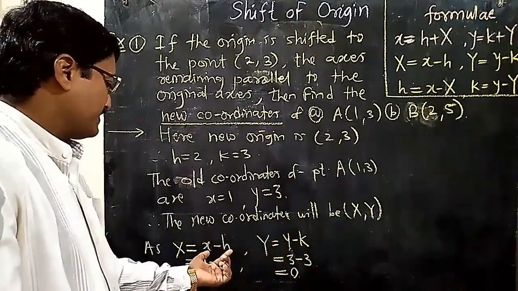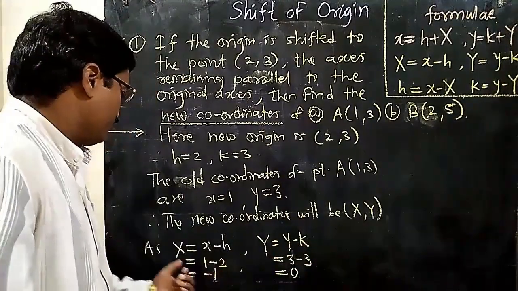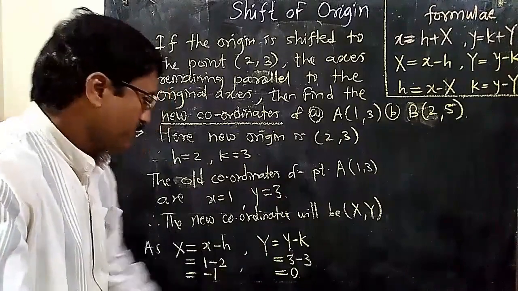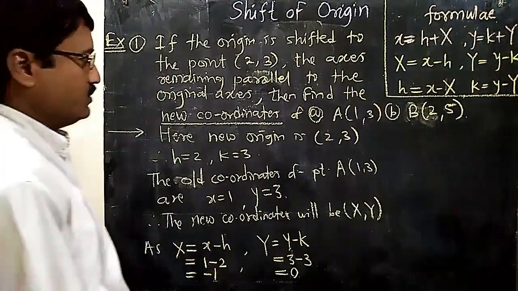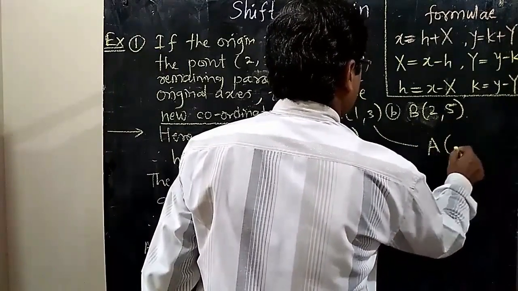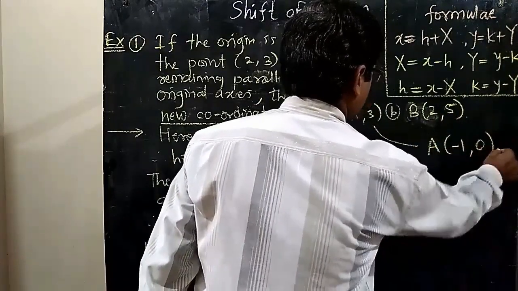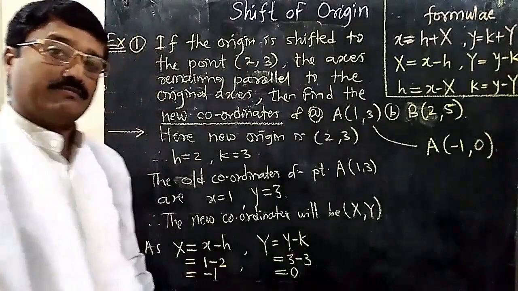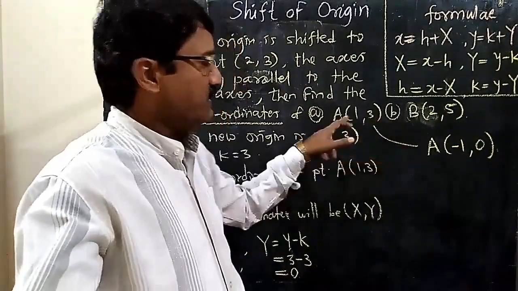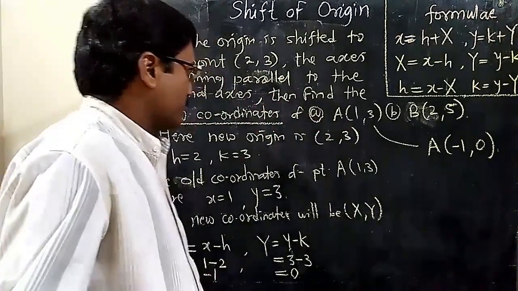Put the values of x, h and y, k in these two equations. We get x equal to minus 1 and y equal to 0. So minus 1 and 0 are the new coordinates of point A. So point A is minus 1, 0 in the new x dash y dash system, and this A (1, 3) is the same point A in the old xy system.